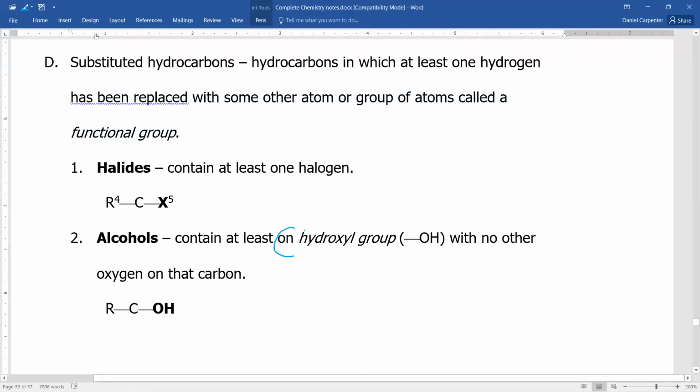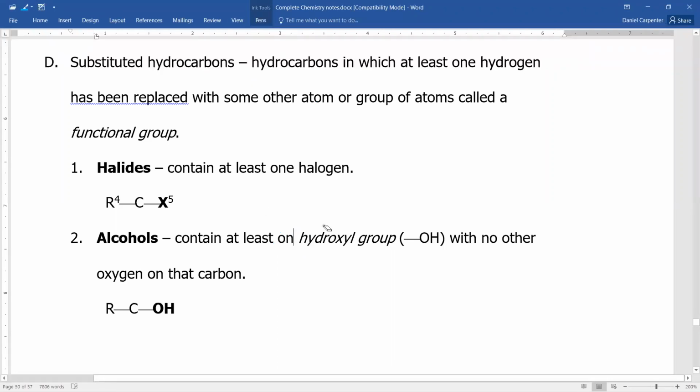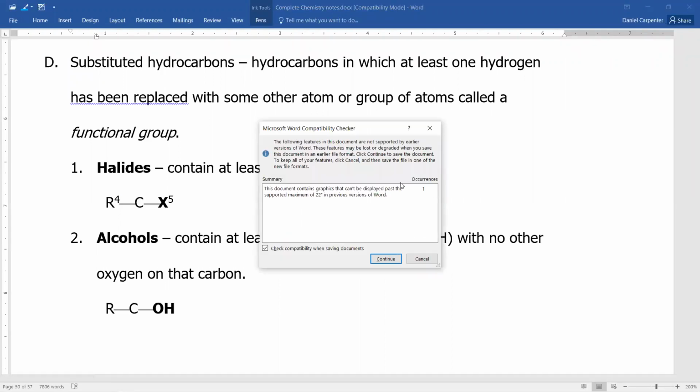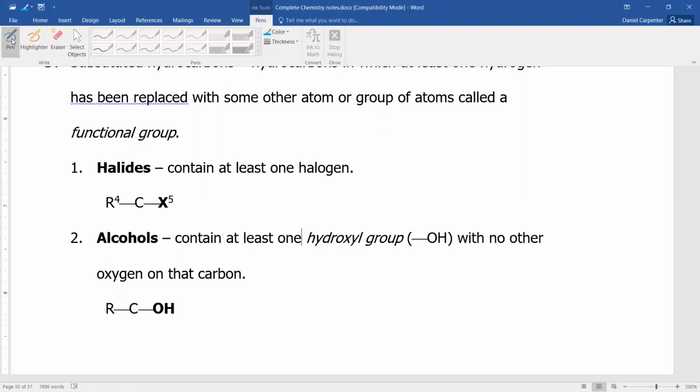Right here, that it contains at least one hydroxyl group. So, whoops, having trouble clicking the right thing today.